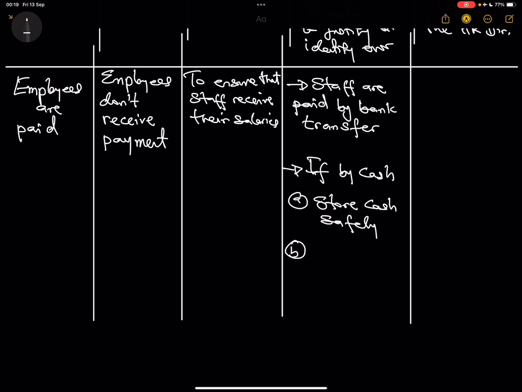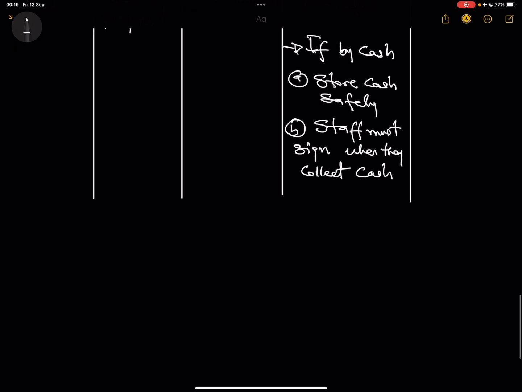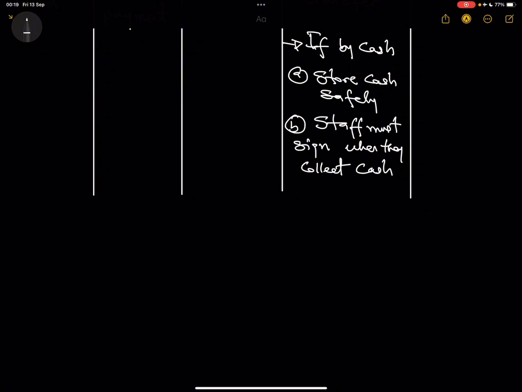It's by ensuring that they sign when they collect the cash. So the control is that staff must sign. That's very important when they collect the cash. So they must sign. That's evidence that you cannot come back and deny that you were not paid. Yeah.